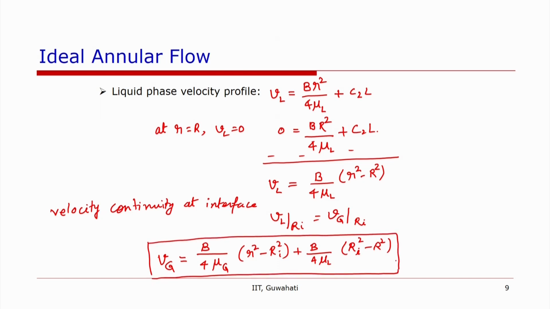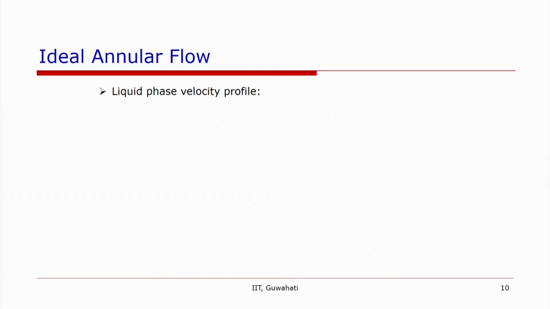So we have got the velocity profile in the gas phase and velocity profile in the liquid phase for a smooth interface annular flow. Now once we have got that, then by integration we can get QL and QG.